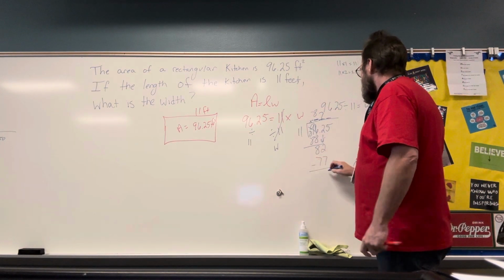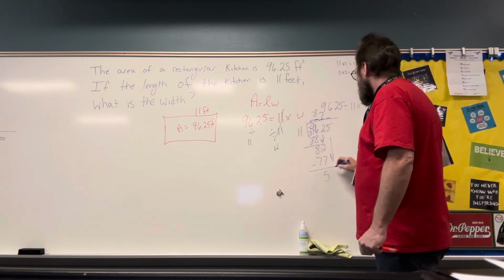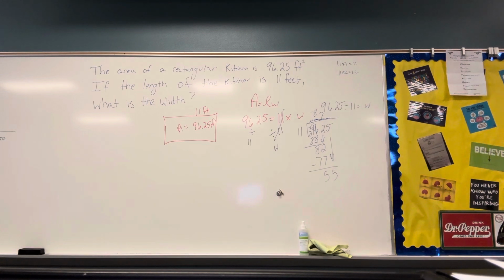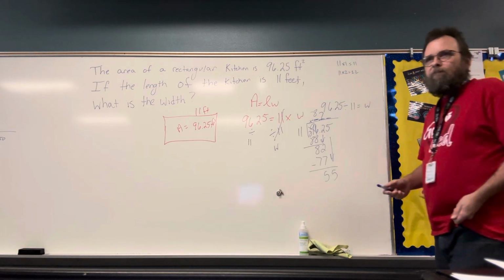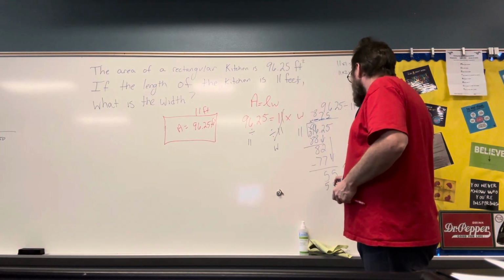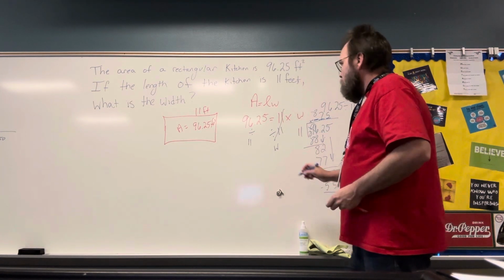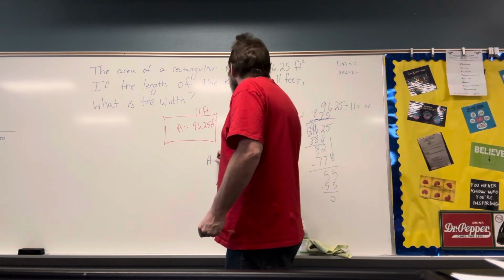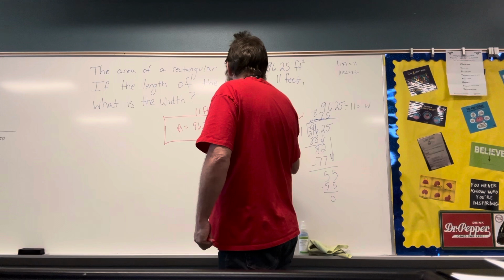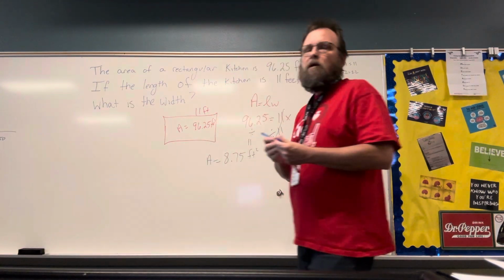We subtract, we get a 5. And Keaton, how many times does 11 go into 55? 5 times. And that's 55. We subtract, we get a 0. So our width should equal 8.75 feet.